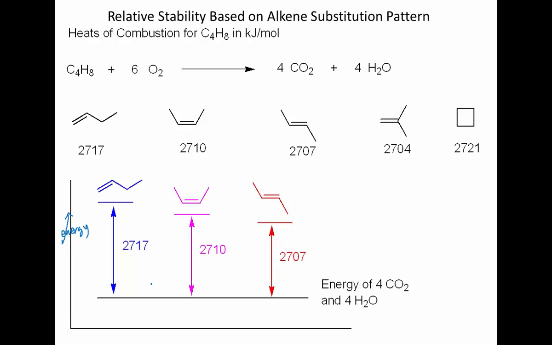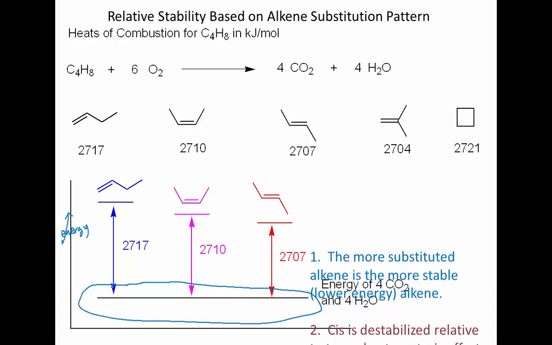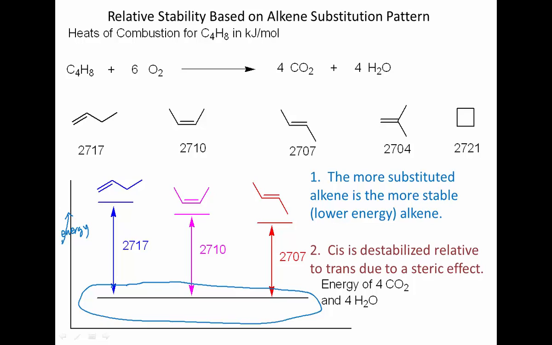Down here, recall that they're all producing the same products upon combustion, right? So the energy of the products is the same. The only difference here is the energy difference of the reactants. Okay, so this is an important thing to remember, that the more substituted alkene is the more stable alkene, or the one that's lower in energy.